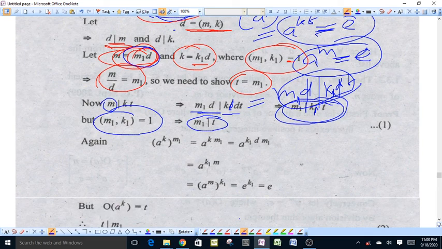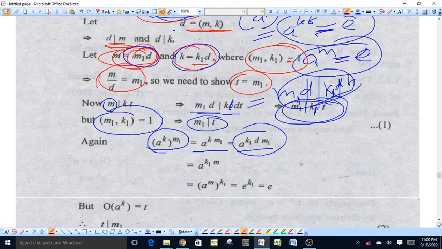Again, a raised to power k, raised to power m1, will be equal to a raised to power km1. Putting the value of k, this will be a raised to power k1dm1, and dm1 is equal to m, which can be written as a raised to power m, raised to power k1.